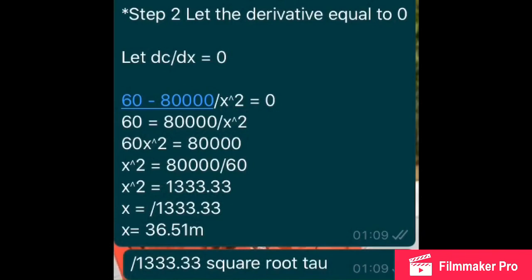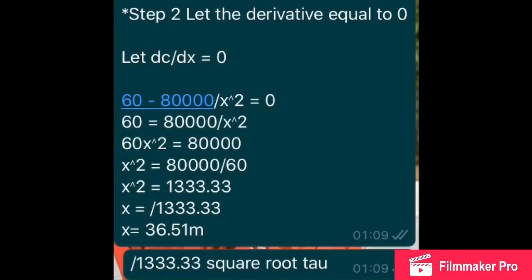Step 2 is to let the derivative equal 0. 60 minus 80,000 divided by x to the power of 2 equals 0. Then 60 equals 80,000 divided by x to the power of 2. After that, x to the power of 2 moves to the front, so it becomes 60x to the power of 2 equals 80,000.